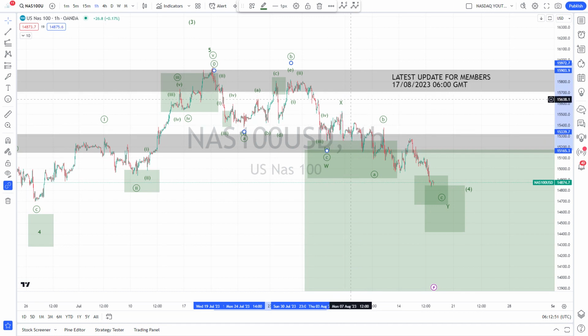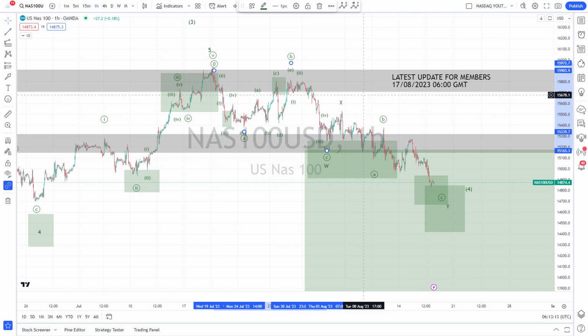But here we did not reach the area then. So yeah, this is what you have to do, I think, with a wave 4. Just wait for the extreme areas, like I did here or here, but the order was not filled here, and go short from there.